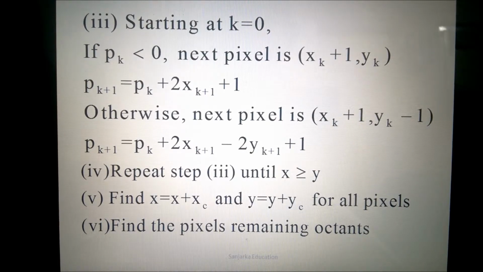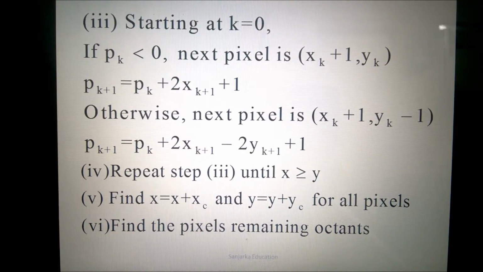After finding all the pixel coordinates in that octant, what we are discussing in the first quadrant, we have to modify the pixel coordinates if the center is not the origin. And we have to modify them by these two equations I am showing here.